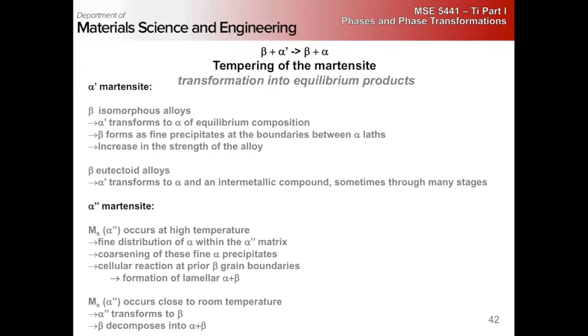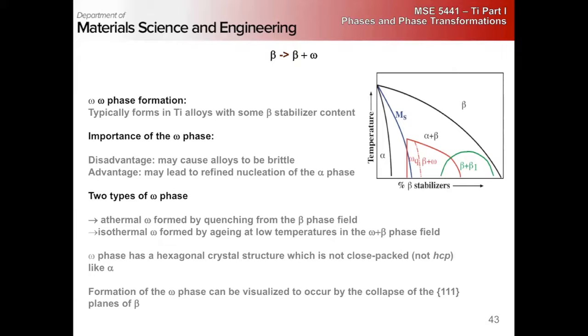Okay. We talked about omega phase, right? And how this is a simple hexagonal structure, right? It's not easy to slip. It's going to cause brittleness in the structure, but it serves as a heterogeneous nucleation site for the alpha phase, so it has some advantages there.